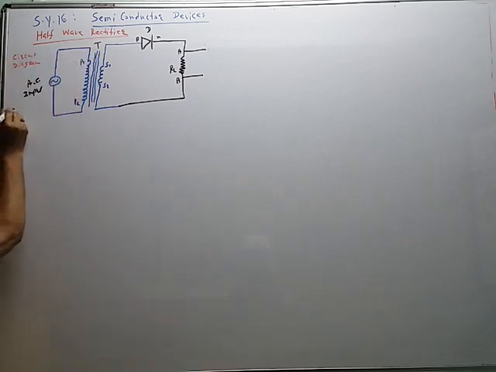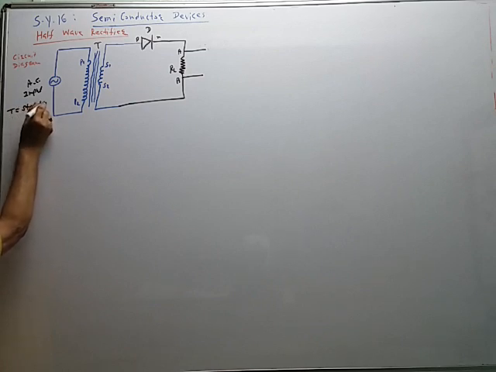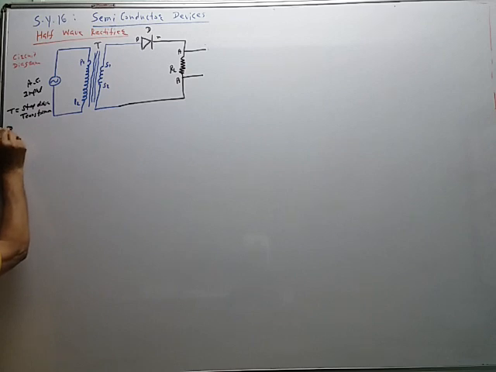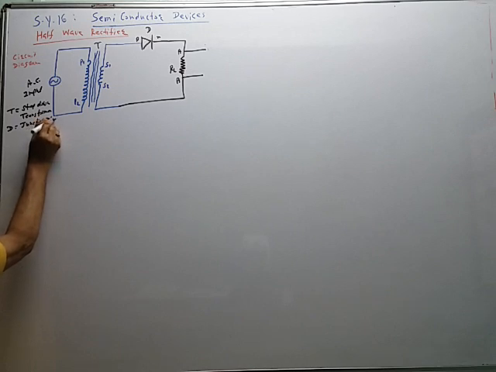T is a step down transformer. D is a junction diode. RL is a load resistance.